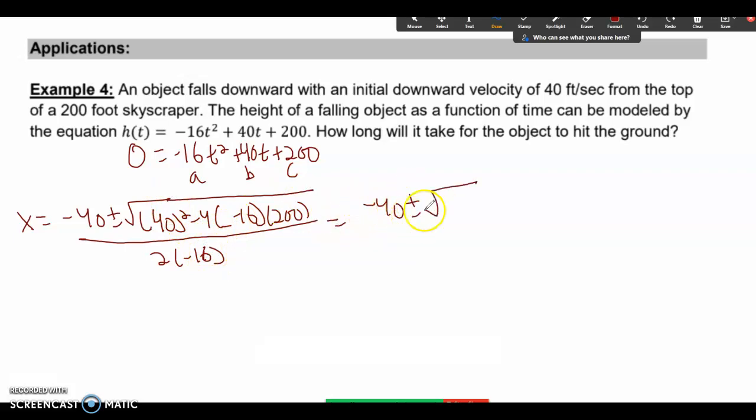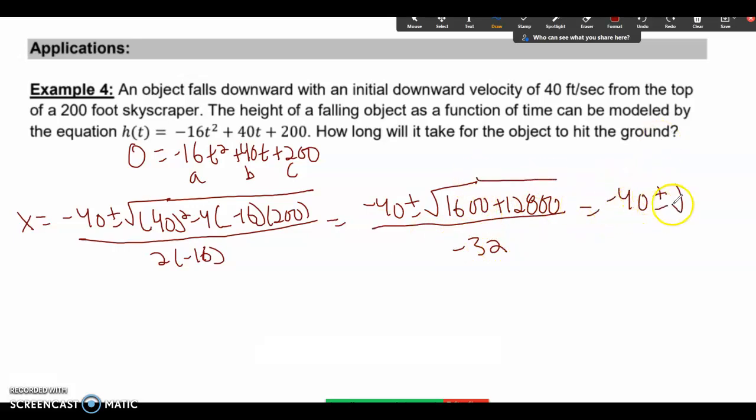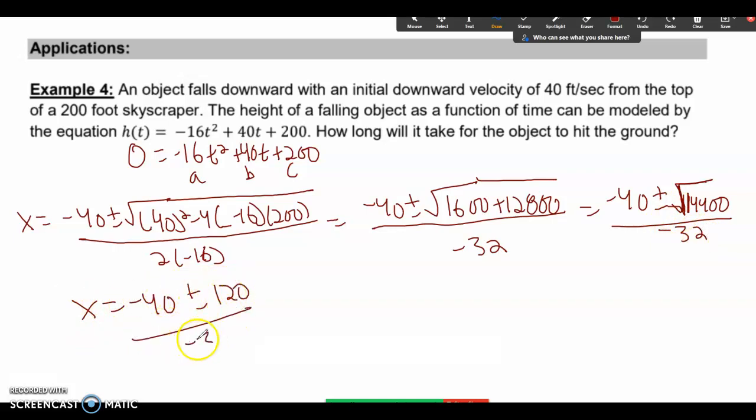As I simplify this, I'm going to see that I have this plus and minus.